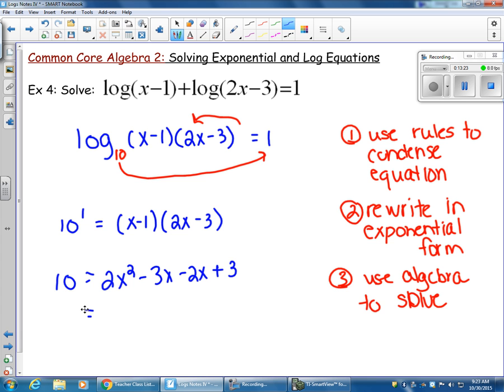Set it equal to 0. So I have 2x squared. Combine negative 3 and negative 2 to negative 5x. I'm subtracting the 10. Right? If I'm setting it equal to 0, then I have to subtract the 10. So we would have negative 7.